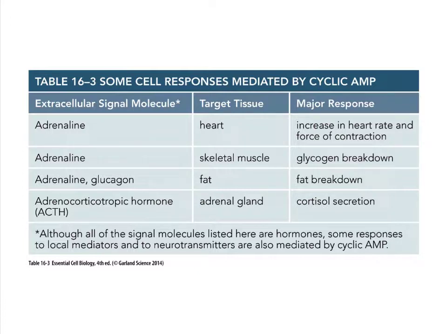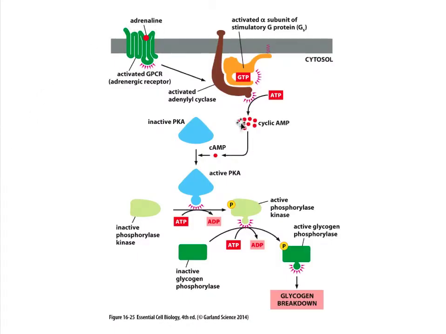Let's build our learning by seeing how skeletal muscle breaks down glycogen in the presence of adrenaline. The next slide shows you the pathway taken to achieve that at a very simplified level. So this is a skeletal muscle. Here's the signal molecule, the primary messenger.